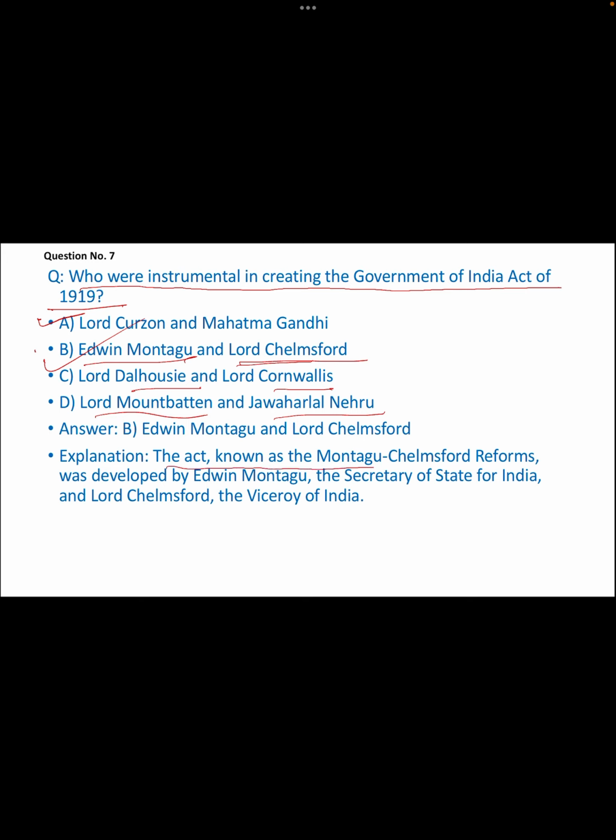The act known as Montagu-Chelmsford Reforms was developed by Edwin Montagu, the Secretary of State for India, and Lord Chelmsford, the Viceroy of India.